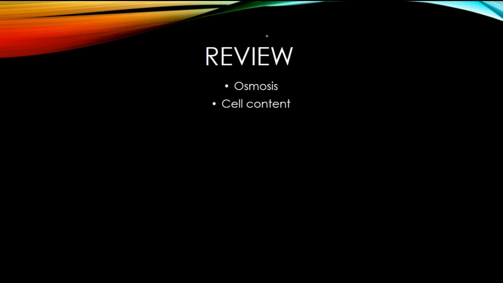Hypo means less than. Where is water high in concentration and where would it move to? Water is higher in concentration outside the cell, it moves inside. Good, wonderful. Now tell me of a situation where we can see a hypotonic cell content in reality. Using potato cups.